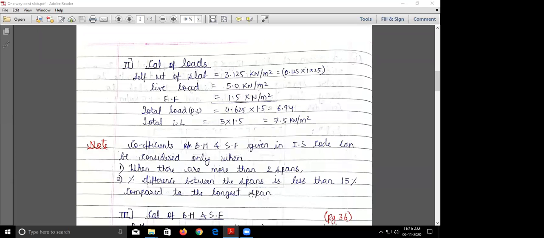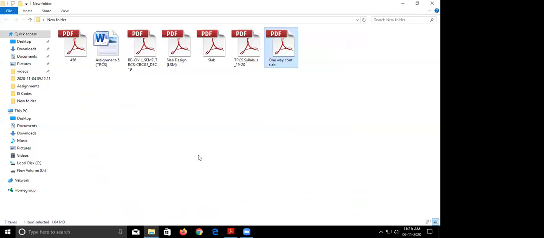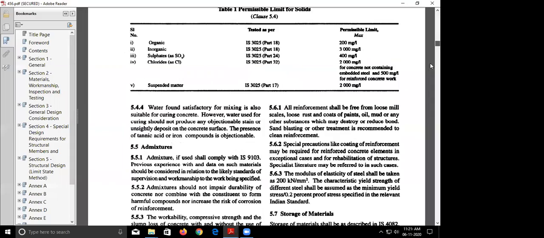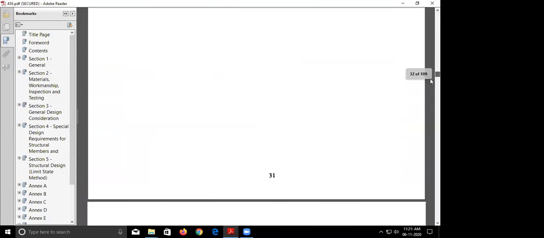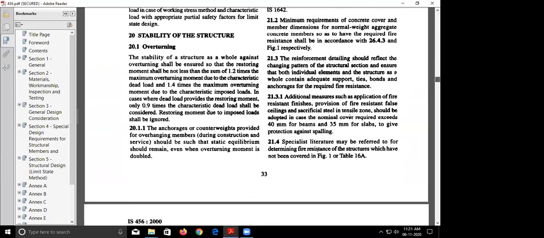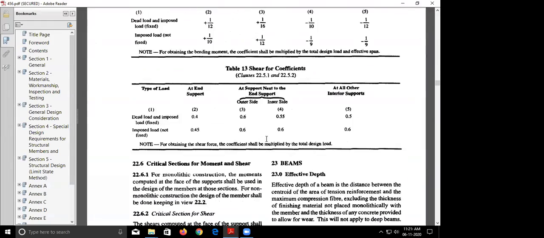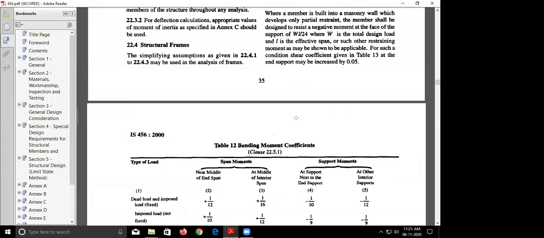Yes. So now let us see this in the IS code. In the IS code on page 36, let us see the dead load and the live load coefficients. On page number 36, you can find this table, the bending moment coefficients.